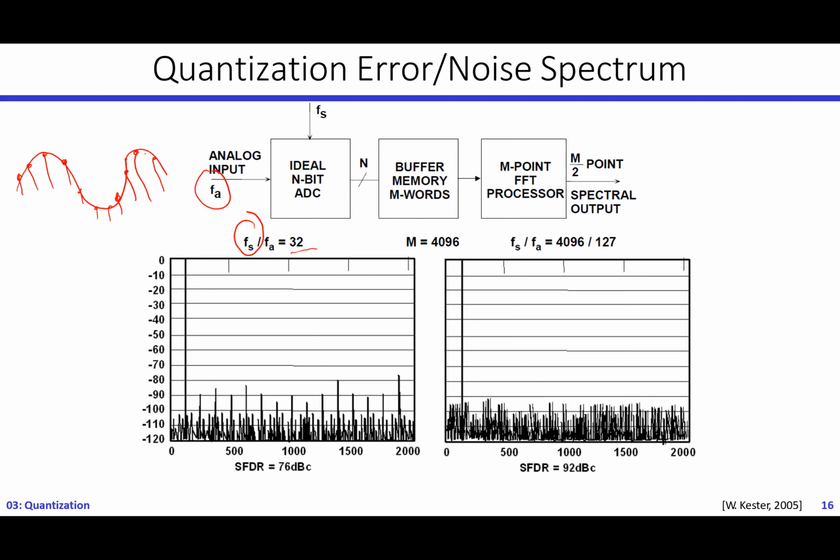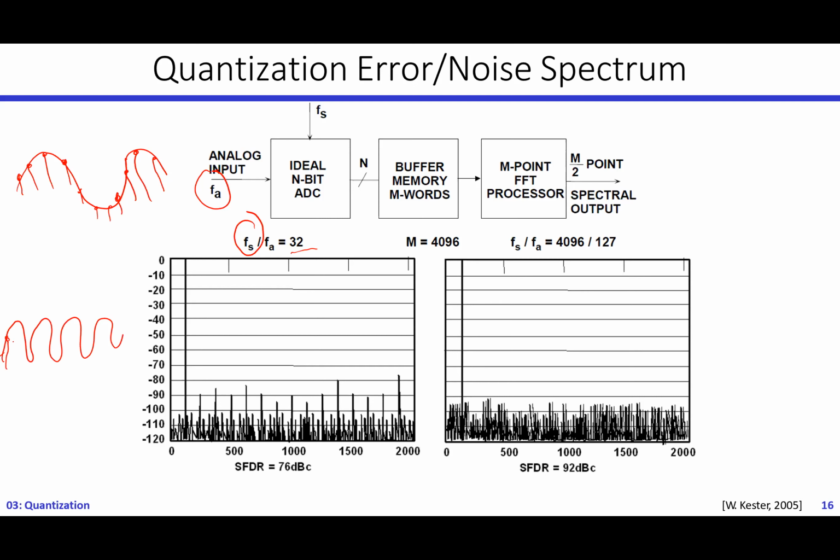Ma'am, can you repeat it a bit? Yes. If my sampling clock is an integer multiple of my input signal, what's going to happen is that you will sample your input signal at exactly the same locations. For example, this is my input signal and I am sampling.